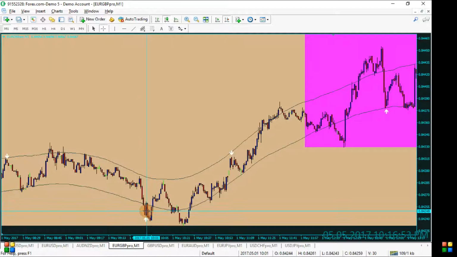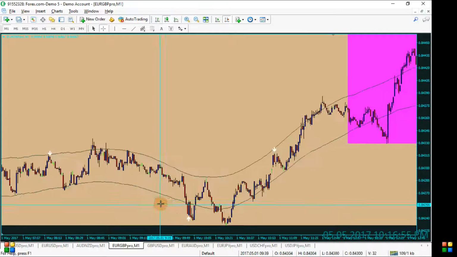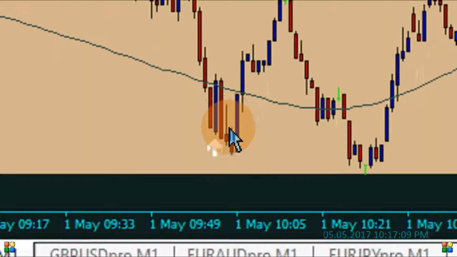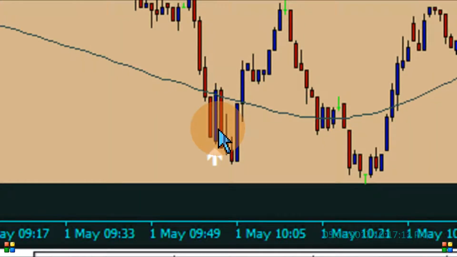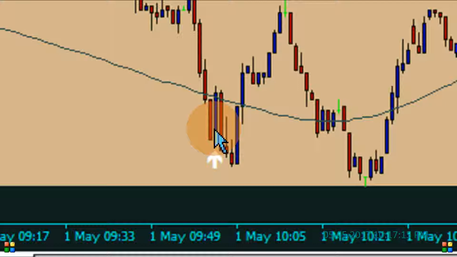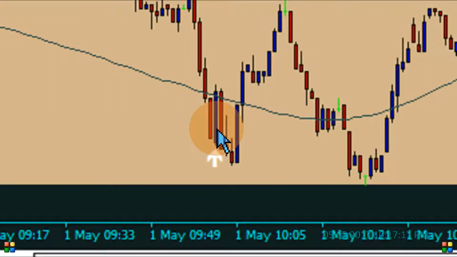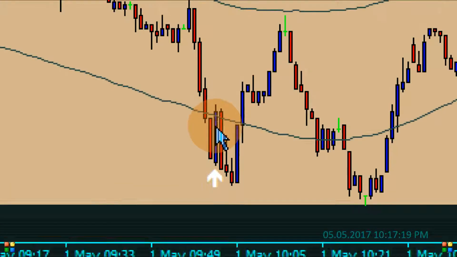Right here, I would take this signal. I would take it. Why? Because I can see that the price, by the time the arrows appear, let's give a zoom over there. By the time the arrows came, I would have some time to catch it as low as possible, because look where the price closes.